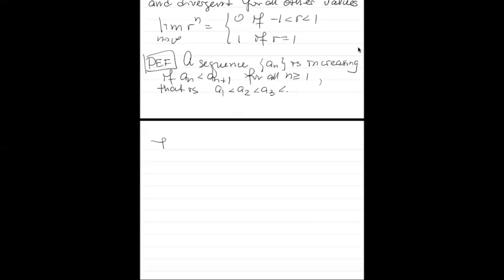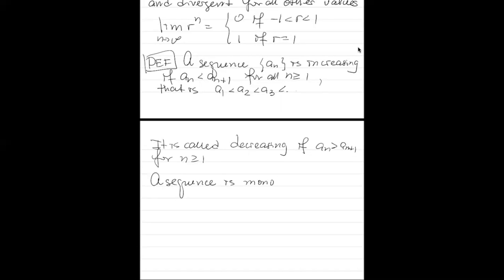It is called decreasing if a sub n is greater than a sub n plus 1 for every n greater or equal than 1. A sequence is monotonic if it is either increasing or decreasing.